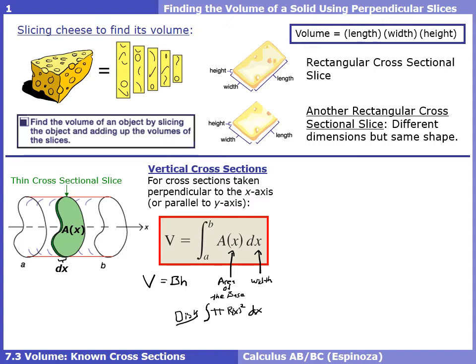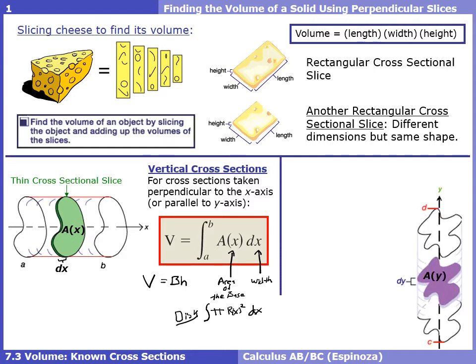If we just have some random shape because we don't know what it's going to be, then we can generalize that to say that it's the area of the base times dx, which is the same exact thing we did when we were dealing with disks. I think that's a very important thing to point out. If you see this as some different approach or different concept, you might lose the fact that 7.2 and 7.3 are fundamentally the same thing in terms of the formula we're using.